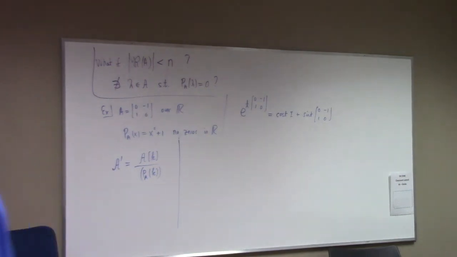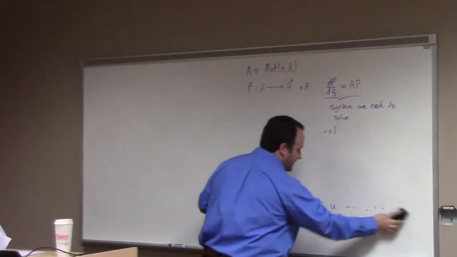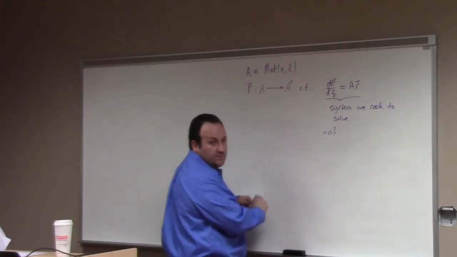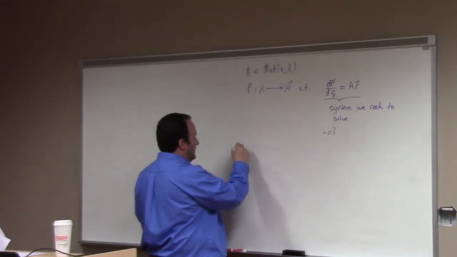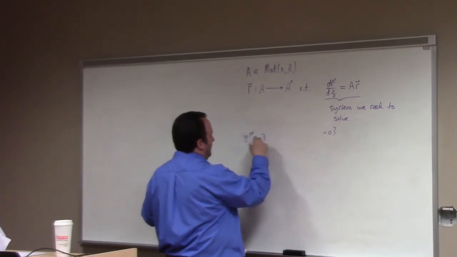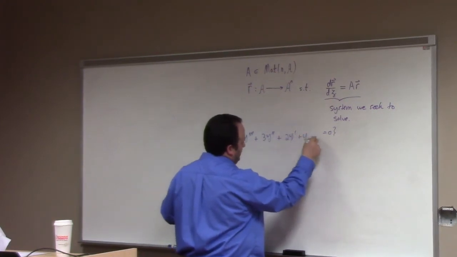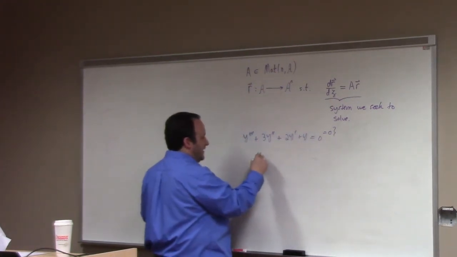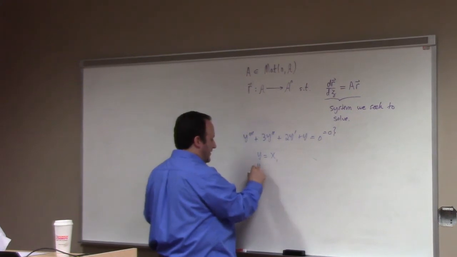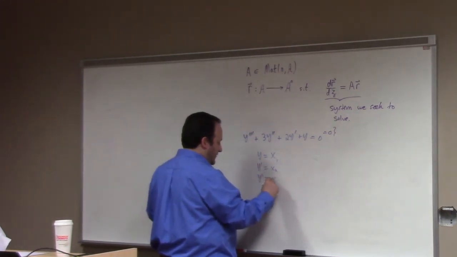Let me remind you. I think reminding you will be useful here because it'll help us understand the difficulty of reversing the process, right? So, for example, if we have y''' plus 3y'' plus 2y' plus y equals 0, I let y equal x1, I let y' equal x2, I let y'' equal x3.